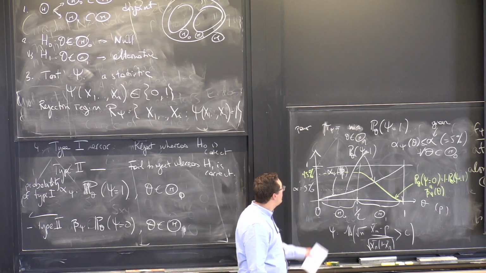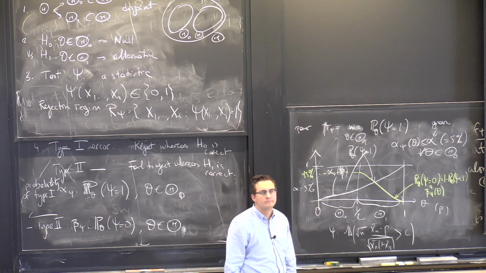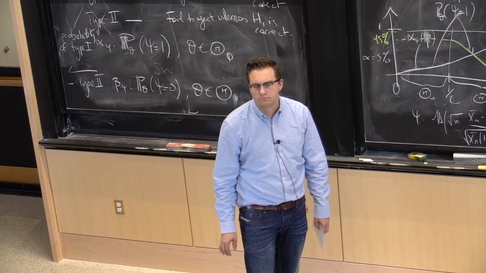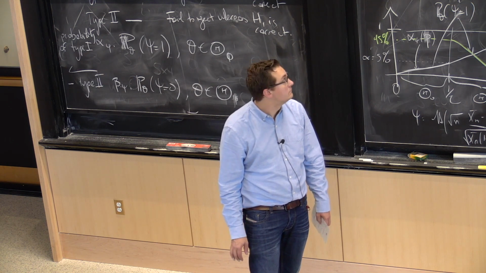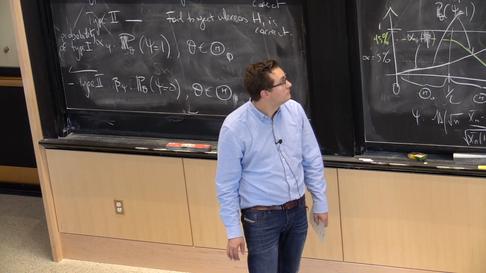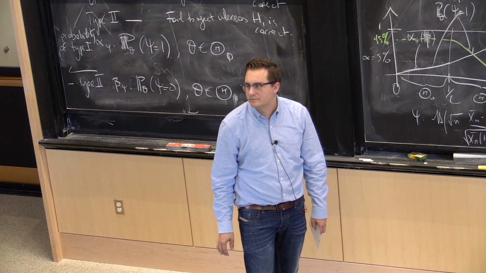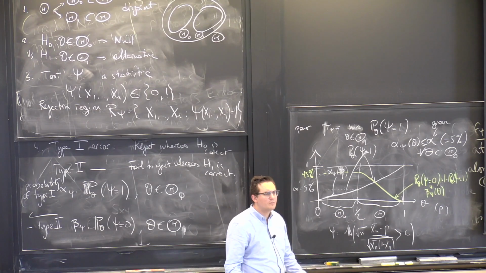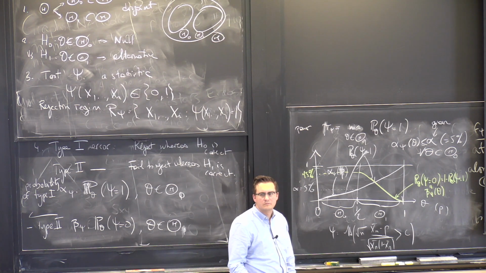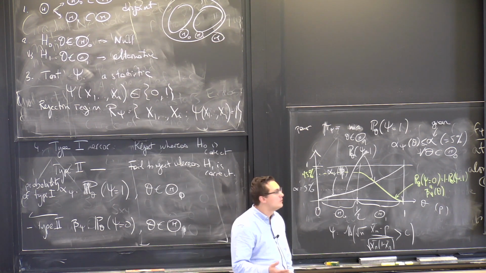Now, where do I read pi psi? What is pi psi on this picture? Is pi psi a number or a function? It's a number, right? It's the minimum of a function. What is this function?